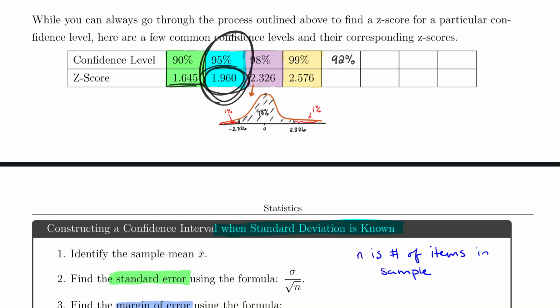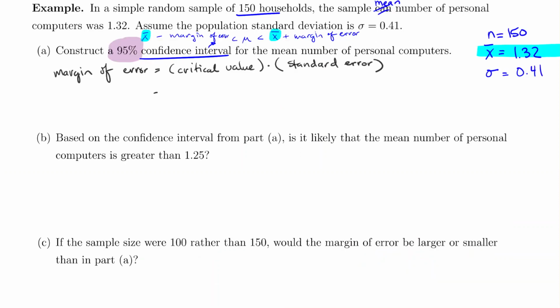Okay, the critical value for 95% is 1.96 times the standard error. Now the formula for standard error is the standard deviation divided by the square root of the sample size. So in our case, that's 0.41 divided by the square root of 150. Now that will give me my margin of error.